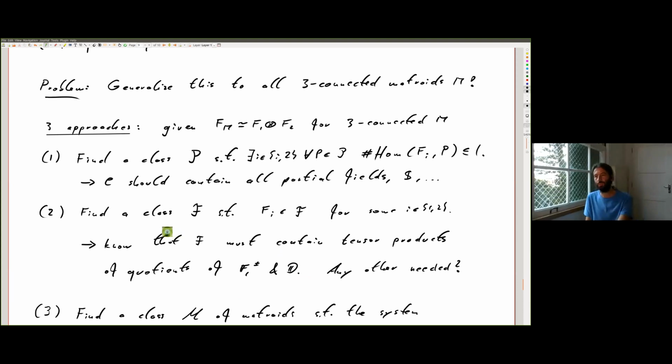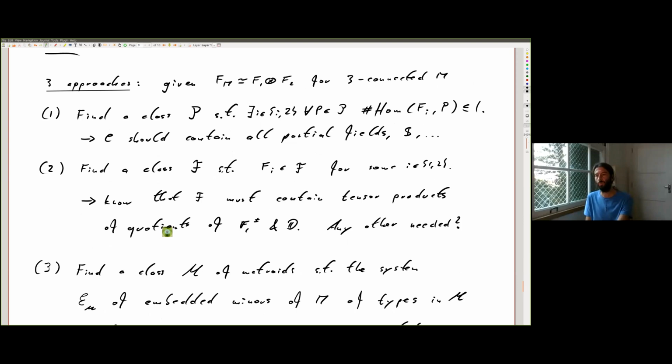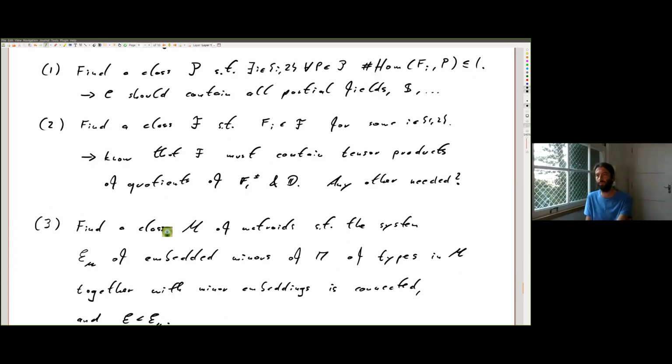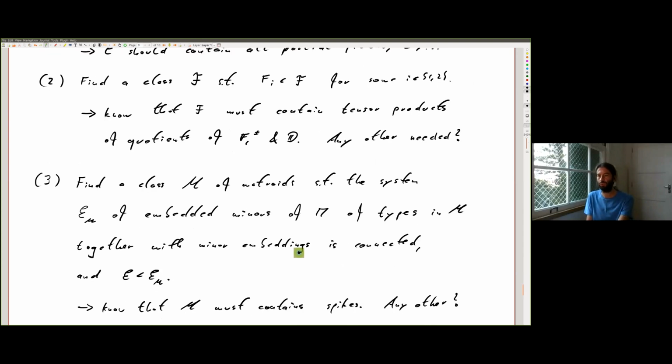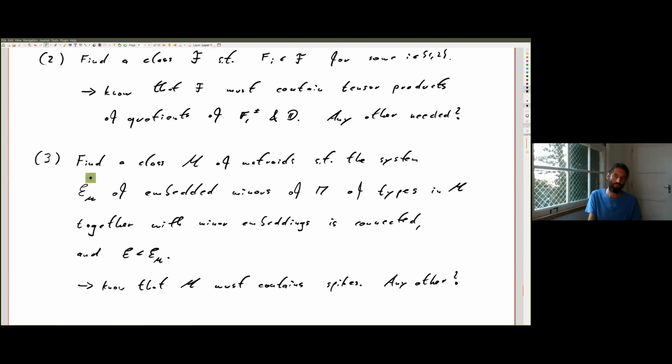And then if we go deeper, we might look at the system EM of embedded minors, with minor embeddings between these embedded minors. Then we could ask about embedded components of this system, in the vein of the picture that I showed you before in the proof of theorem B. Being 3-connected should have some implication on the connected components.